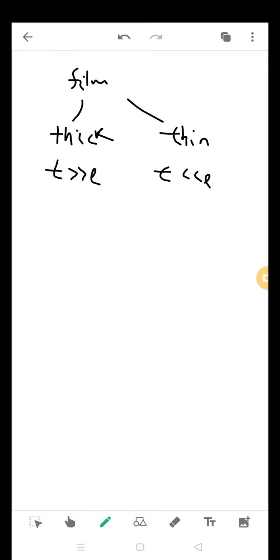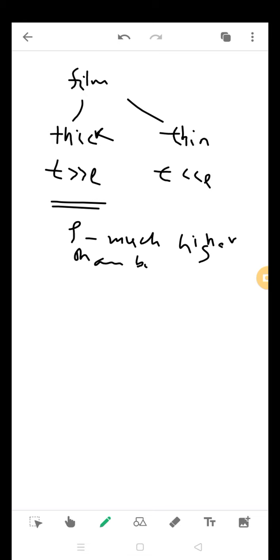Now, in the case of a thick film, you should observe that the resistivity is generally much higher than its bulk counterpart. Suppose the material of the film is present in bulk form, that resistivity will be much lower than in its thin film form.